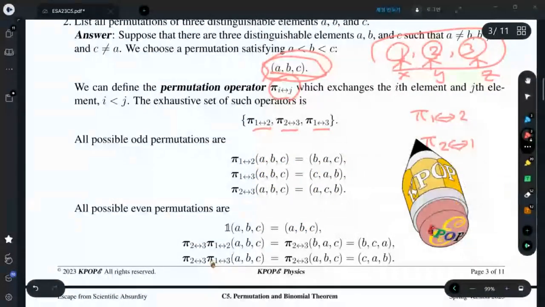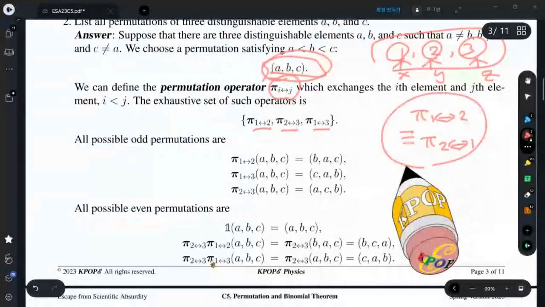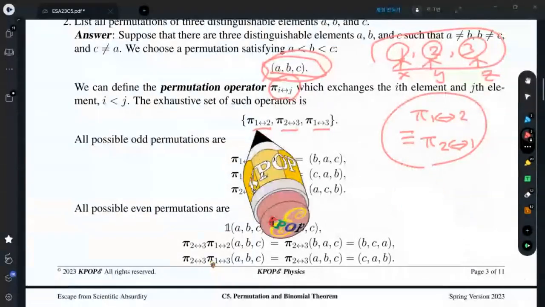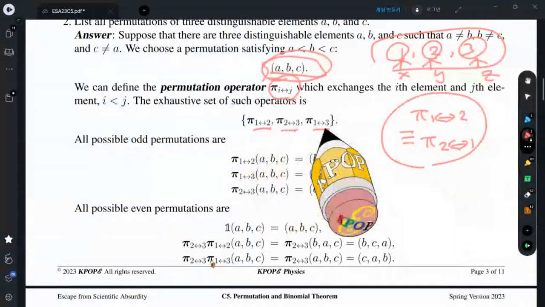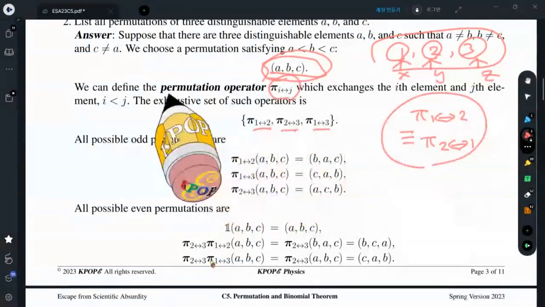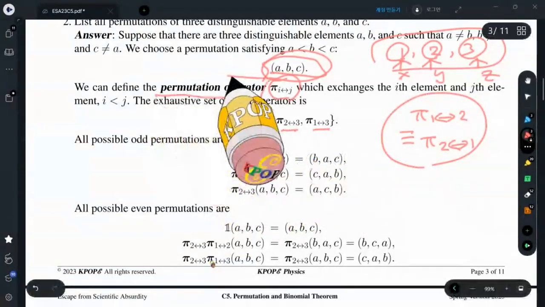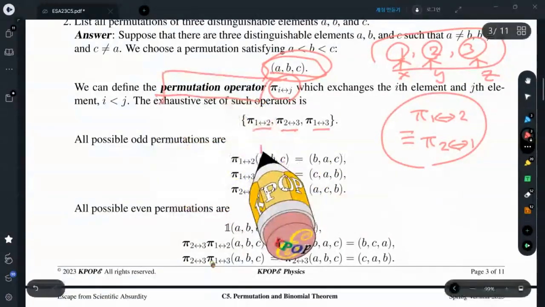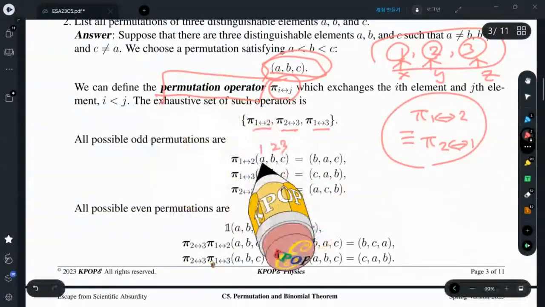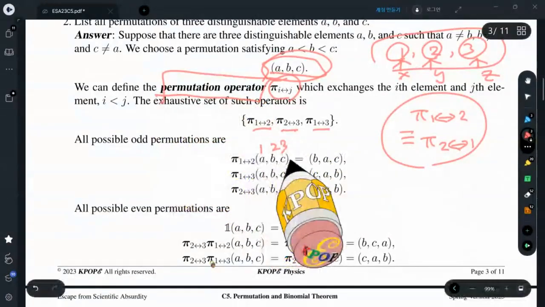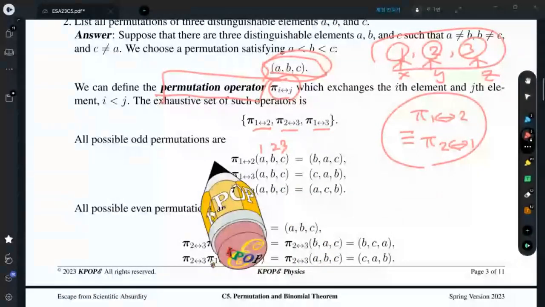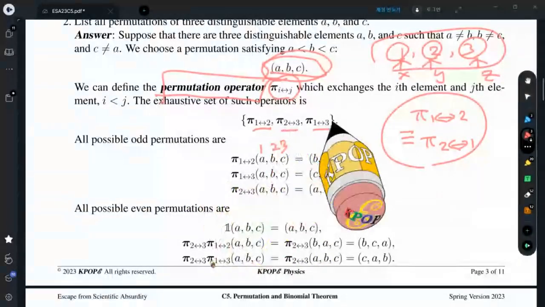So they are identical to each other. So there are only 3 distinct possibilities of permutation operators. We begin with 1, 2, 3 or A, B, C. They are all different. And we'd like to apply these 3 distinct permutation operators.